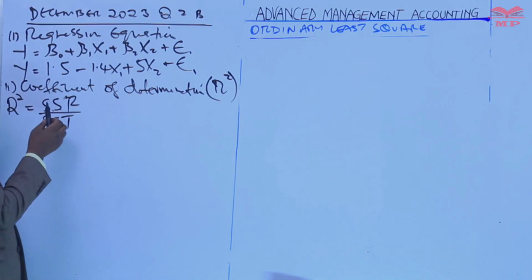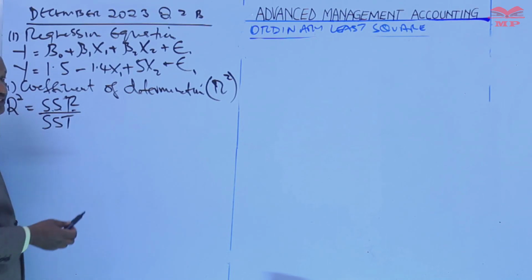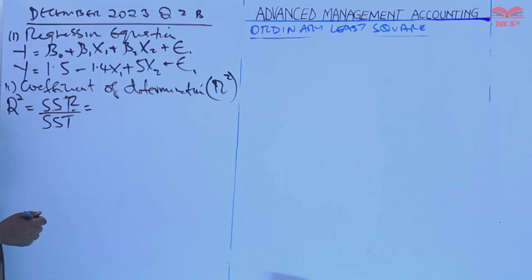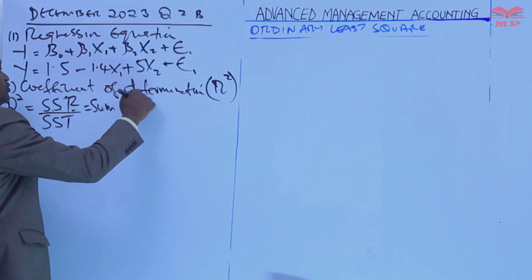Sum of squares due to regression. Then SST is the total sum of squares. Do you see that? SSR is the sum of squares due to regression.